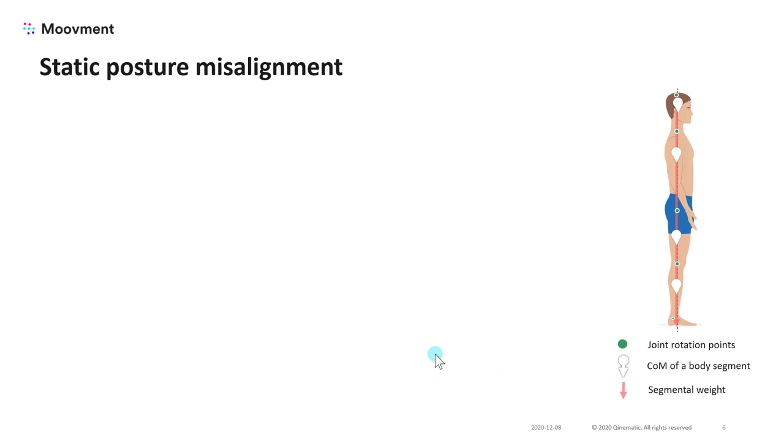Now let's look at static postural alignment or misalignment. If you look at the body as joints stacked on top of each other, and then the body weight or gravity projected through those joints, then you can see that if they're stacked on top of each other, the body is in a rather efficient position.